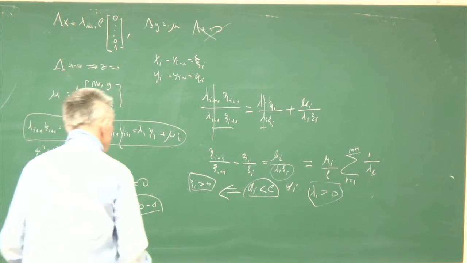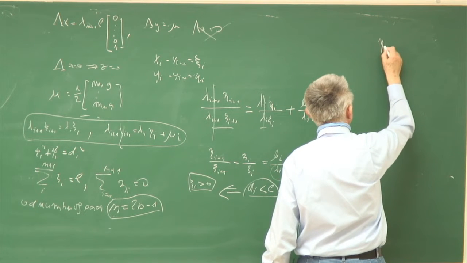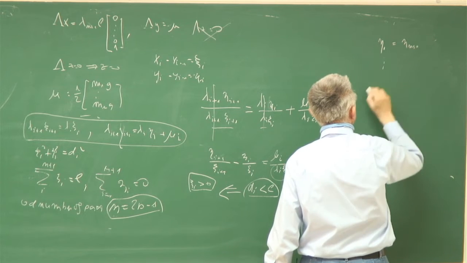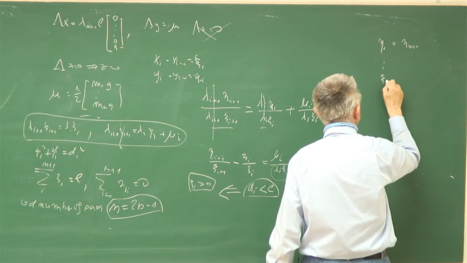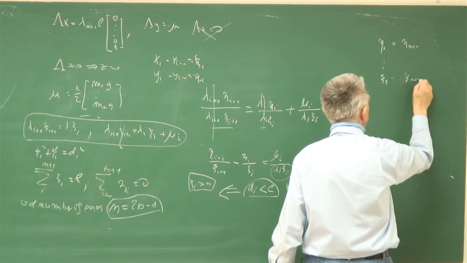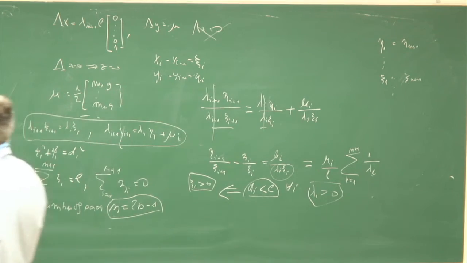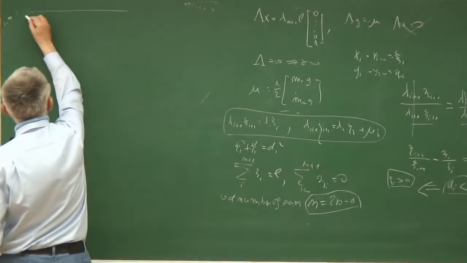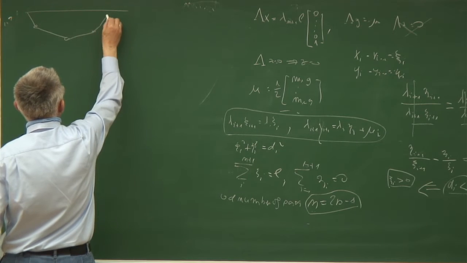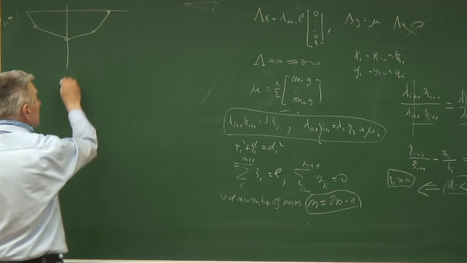Well, we look for such ones that eta 1 is equal to eta n plus 1, and so on, and also xi 1 is equal to xi n plus 1, and so on. So now, it's not quite symmetric, but that's the symmetry axis here.